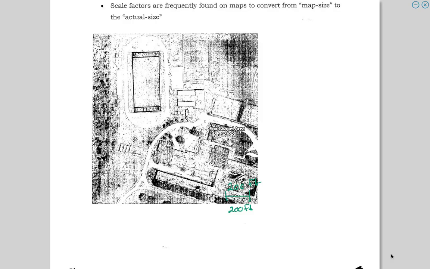So let's say that was the scale, and every time we measured this, let's say it was 200 feet. So we would need that scale factor. Basically that's scaling everything down, or scaling everything up.